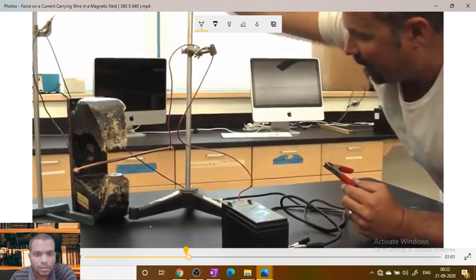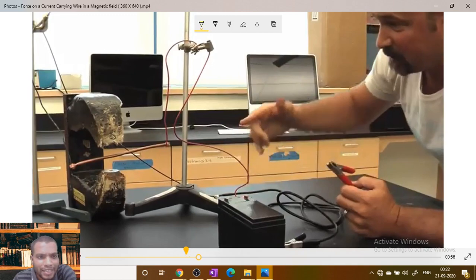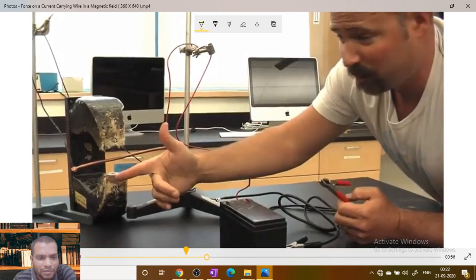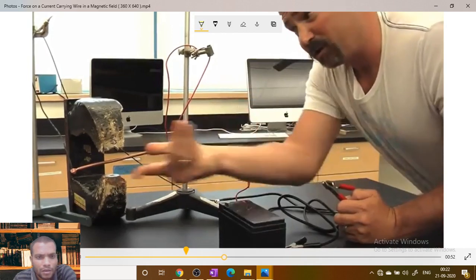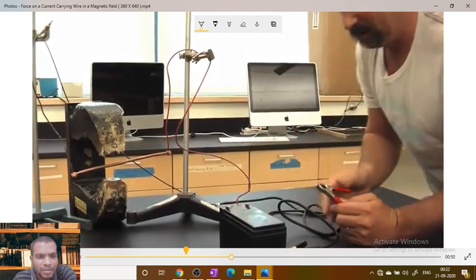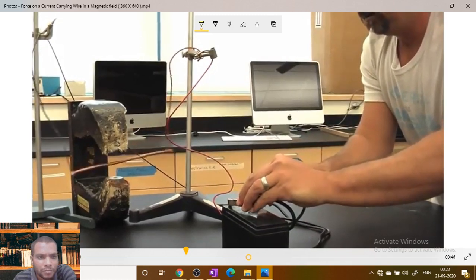Just recall a current carrying conducting wire kept in an external magnetic field. It experiences a force, and the direction of the force is identified using Fleming's left hand rule.